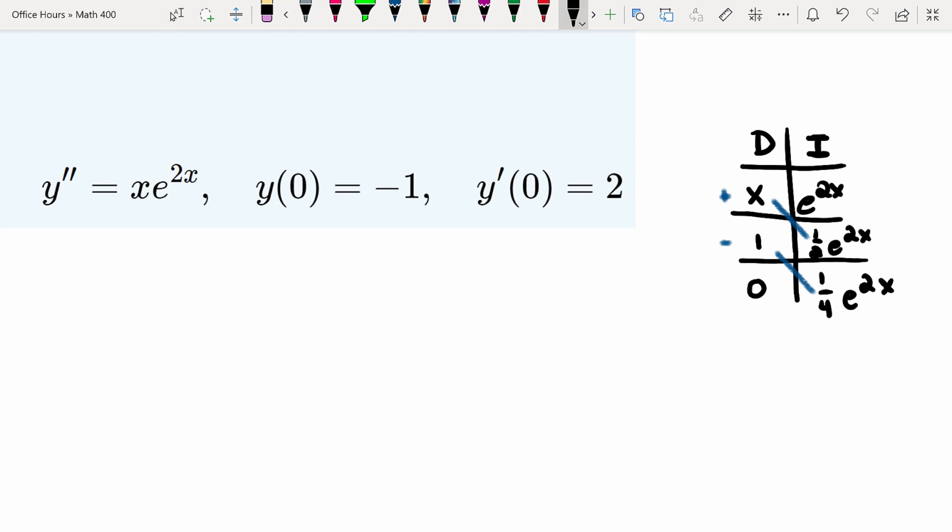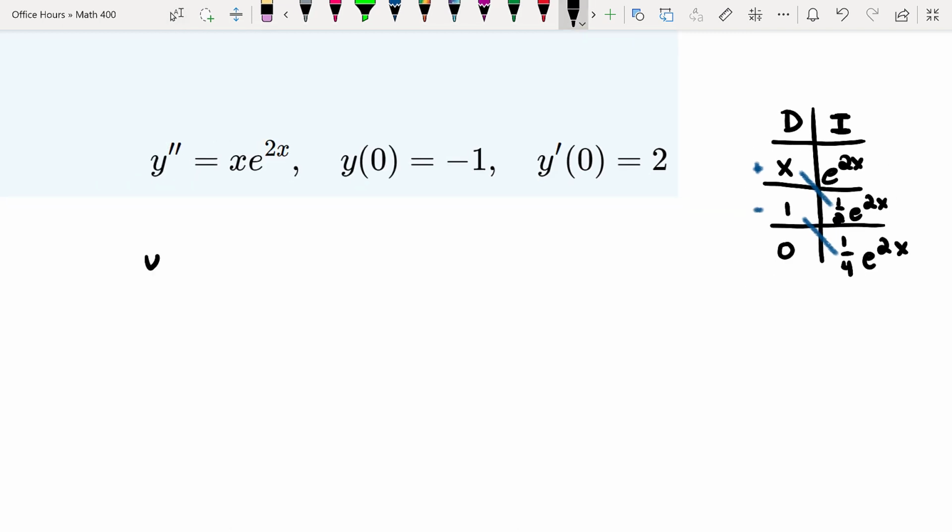If you don't know what I just said, doesn't really matter. But what does matter is that you can find that y prime here is going to be the positive value of x times 1/2 e to the 2x, and then minus a value of 1 times 1/4 e to the 2x.